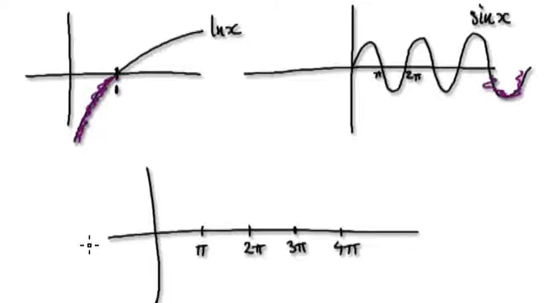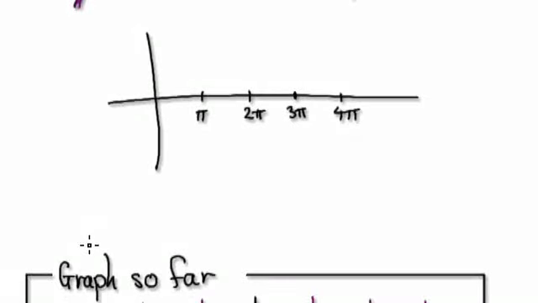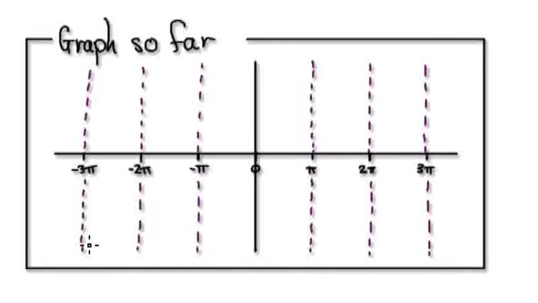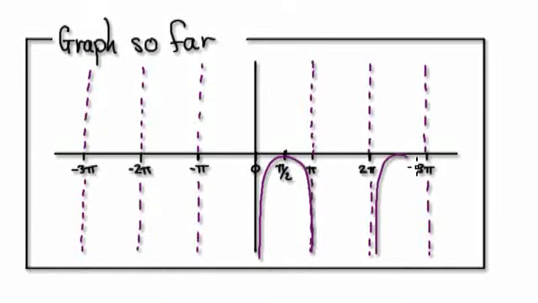Overall your graph will look something like this. This is pi over 2. So it will look something like this, and then something like this, and then something like this.